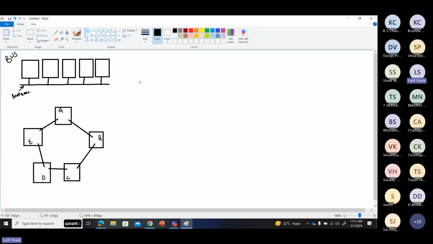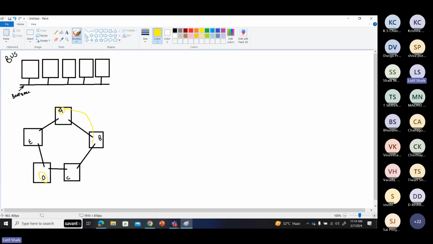Okay. So here, if I want to send data from A to D, I want to send a packet from A to D. Look at how it will be sent.